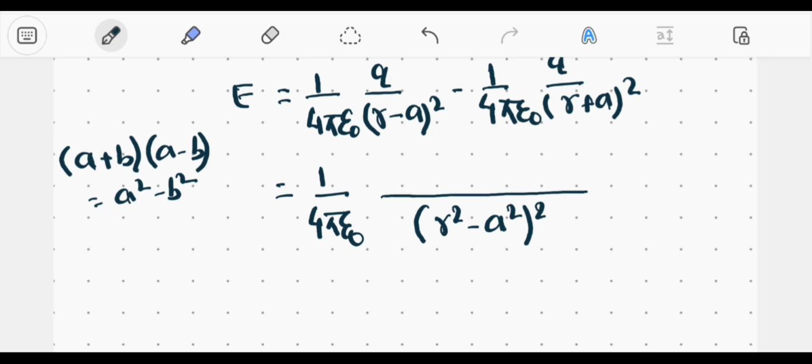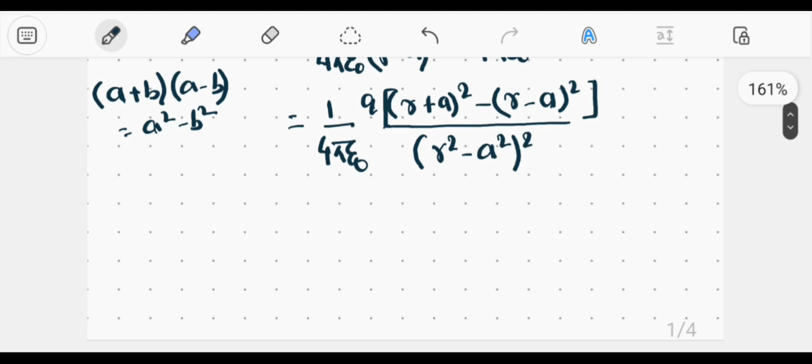Here (r minus a) gets cancelled, therefore we are left with (r plus a). Q is also common in both, so let's write Q also. Here we will be finding (r plus a) whole square, and again the negative sign, (r plus a) gets cancelled and we are left with (r minus a) whole square. So this is the next step.